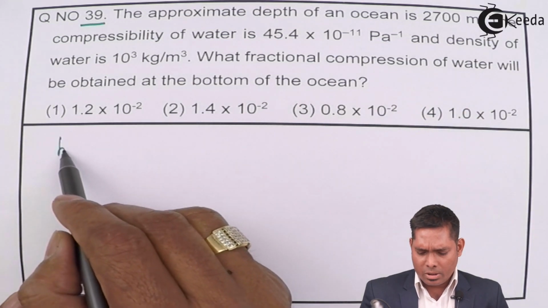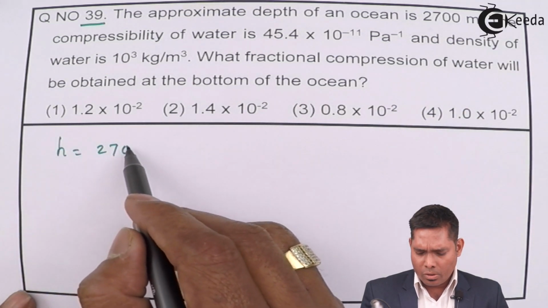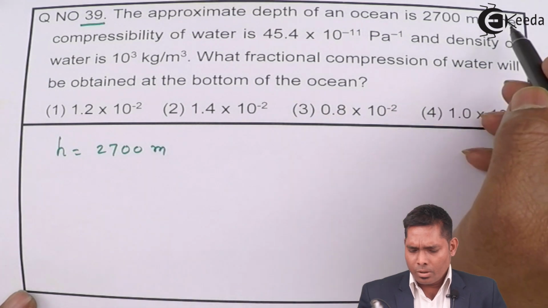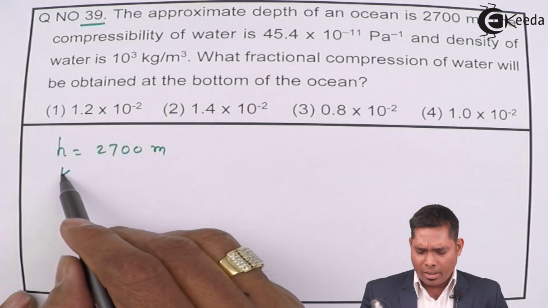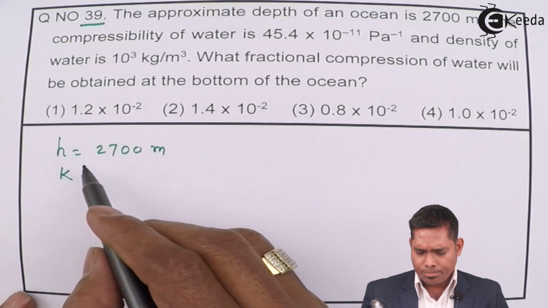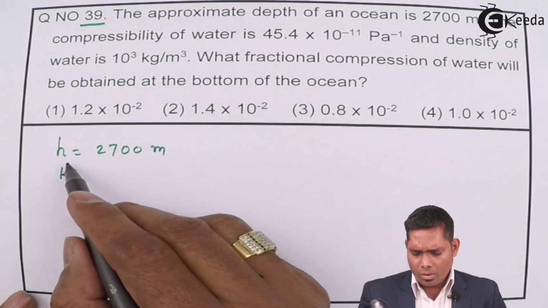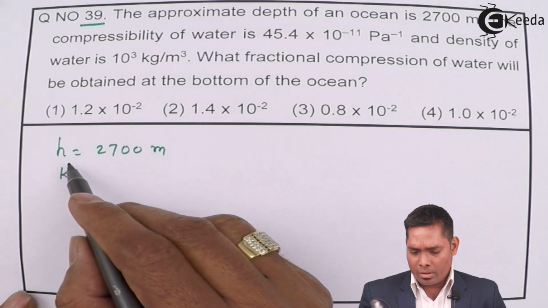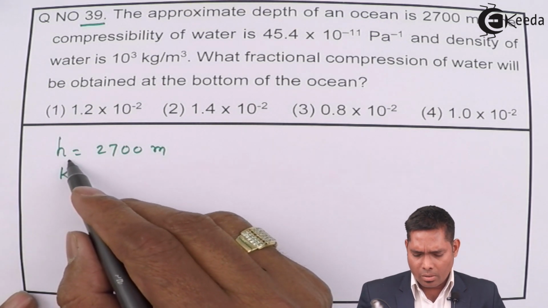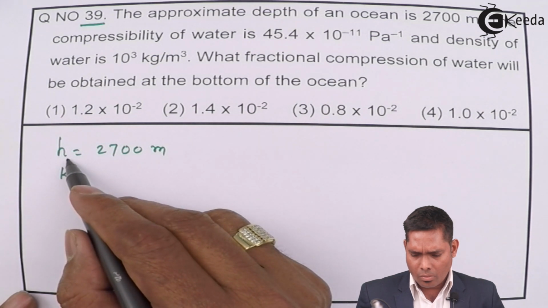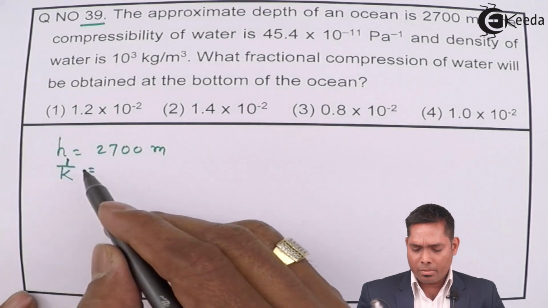So height is 2700 meter. The compressibility of water is this. So compressibility K, or I'll write reciprocal bulk modulus, that is 1 over K compressibility.